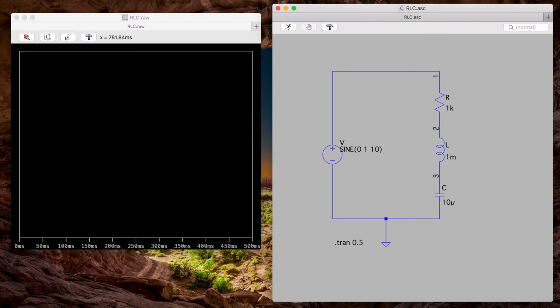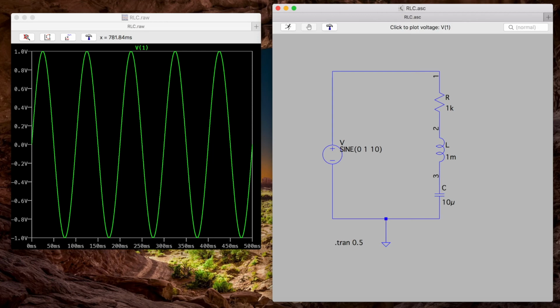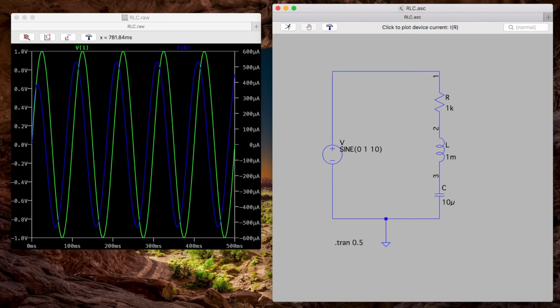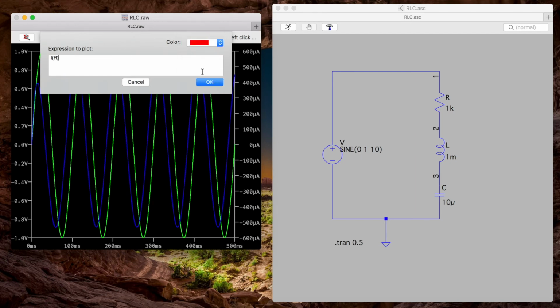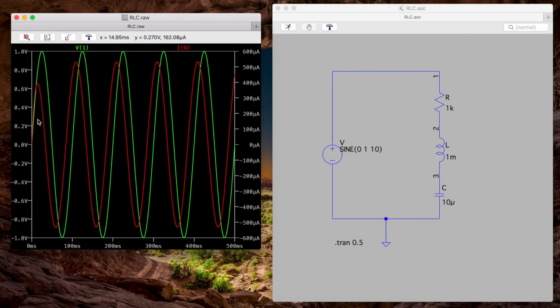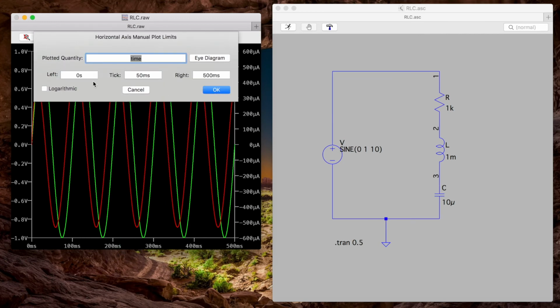Now we will observe V1 and the current. As you can see here, we have something a little bit bizarre. So that's the transient state of this system, and we won't study it. So right click and select the left limit of 100 milliseconds.